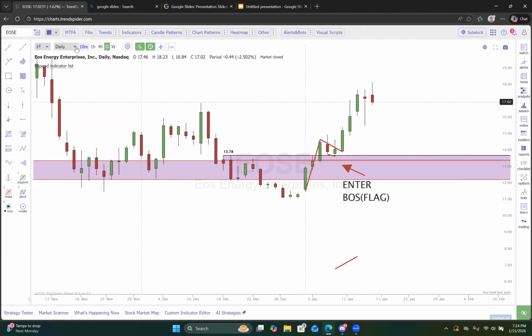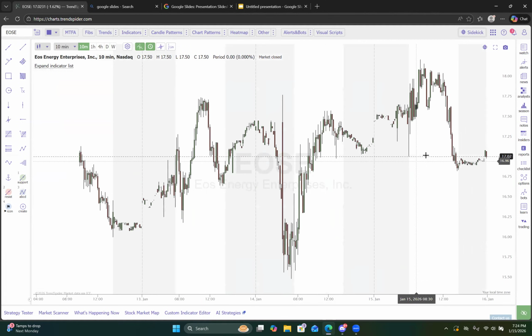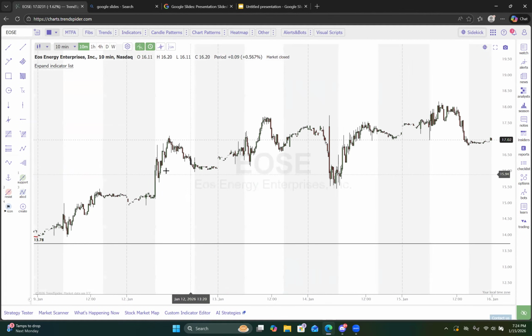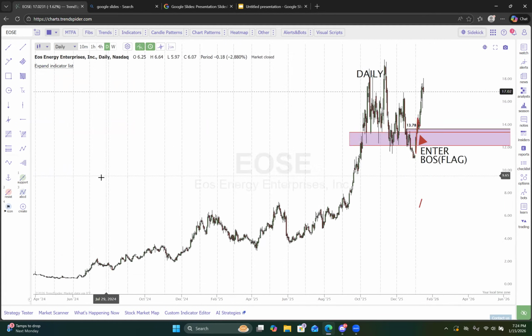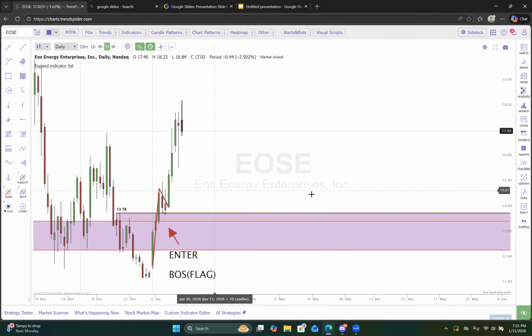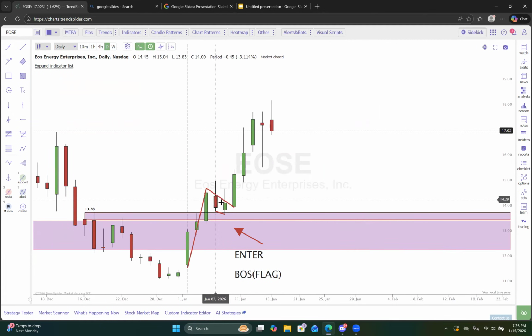You go down to lower time frames, you can see that we're holding here. You see we're building up higher highs, higher lows, higher highs, higher lows. And then you can buy obviously the break, but we're using the higher time frame. So we know, okay, let's use this trend here, say 14.20, see if we can break that 14.